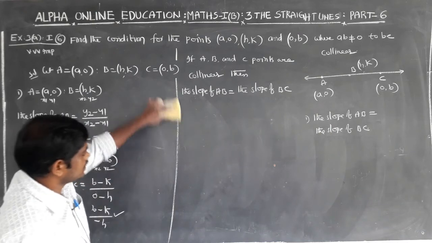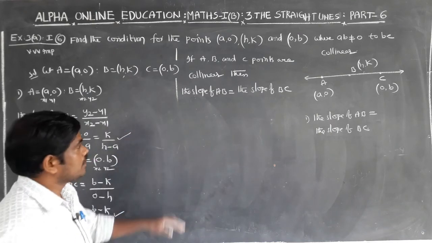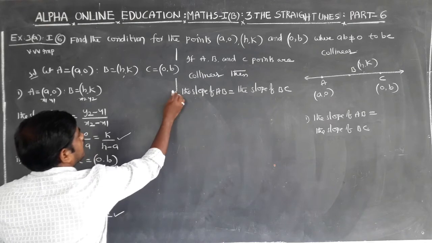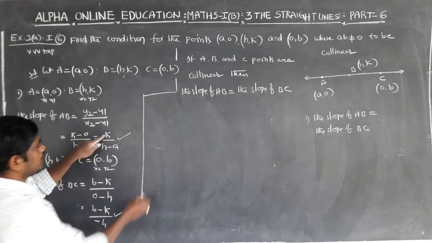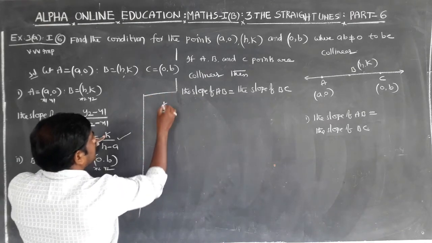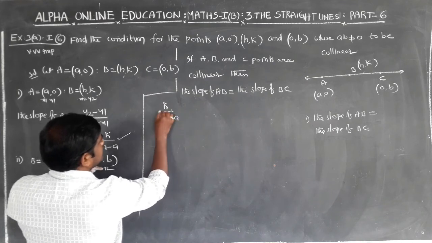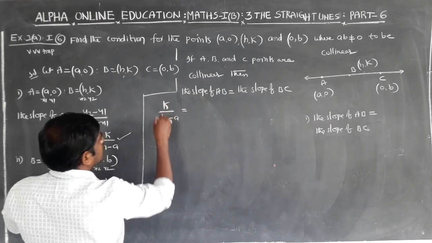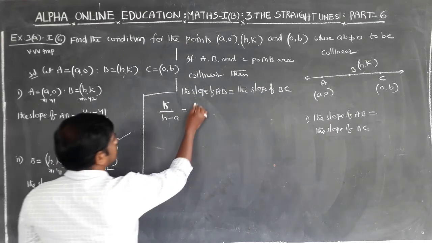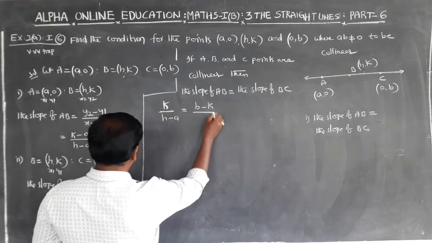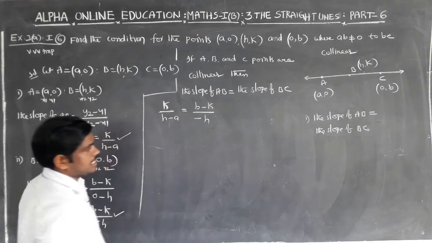So k by h minus a is equal to b minus k by minus h.